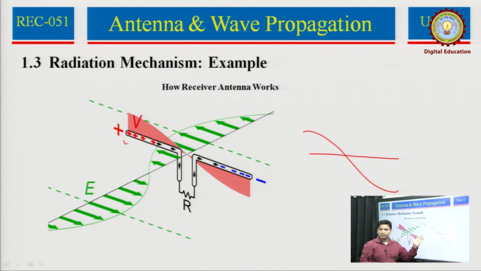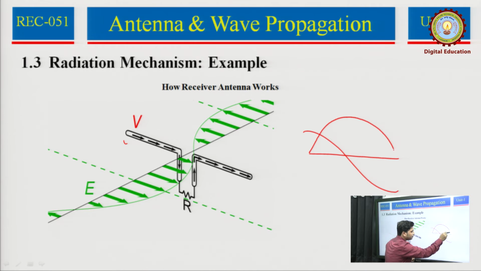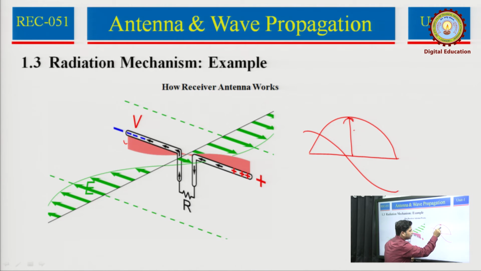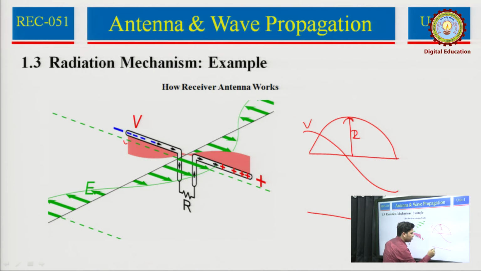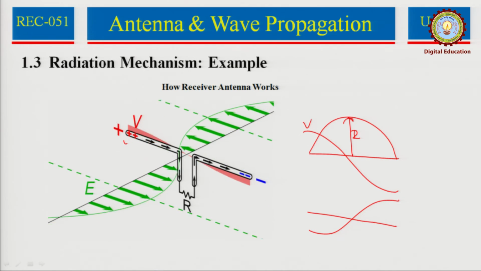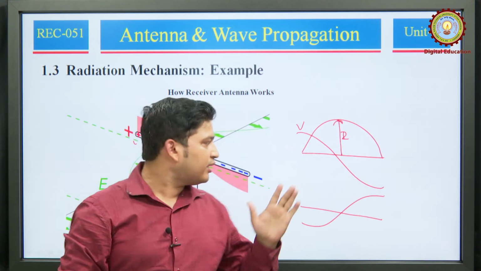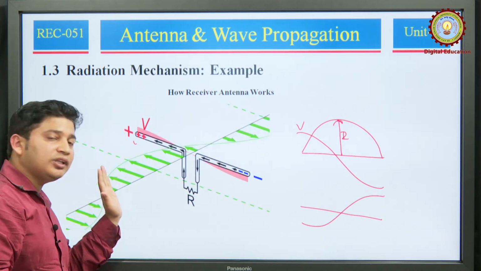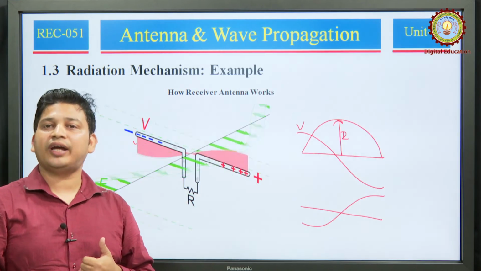For the positive half cycle, the current scenario is this one, and this is the voltage. For the next cycle you can assume the voltage waveform like this, and the current waveform changes like this. So, in this way we can clearly understand that a portion of the power is intercepted by the receiver antenna.